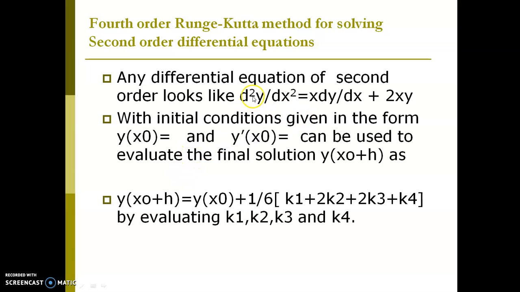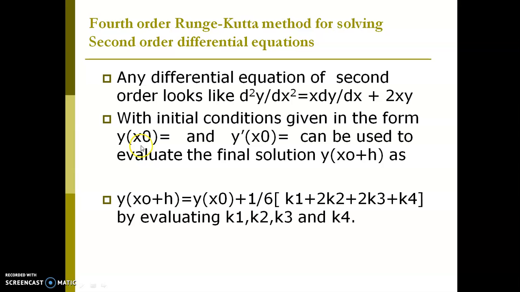For example, this d square y by dx square will be given as a second order differential equation with initial conditions. Most of the time, x0 is a starting point and the function y evaluated at this point will be given as y of x0. The first derivative term, again evaluated at the same starting point, will also be given.